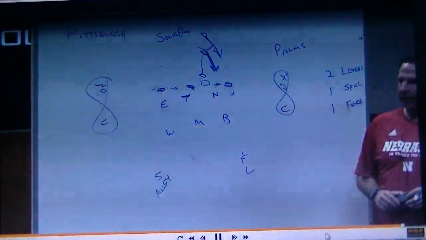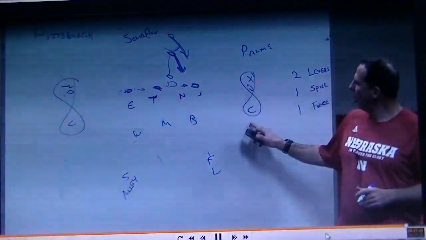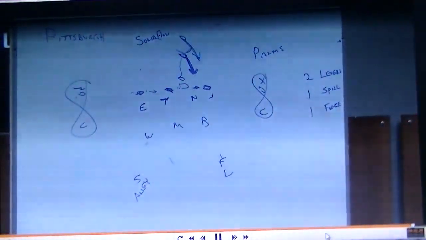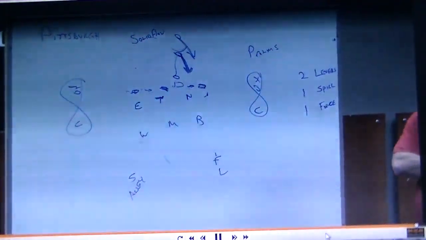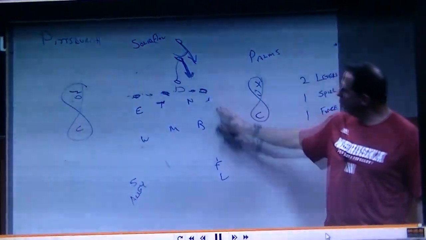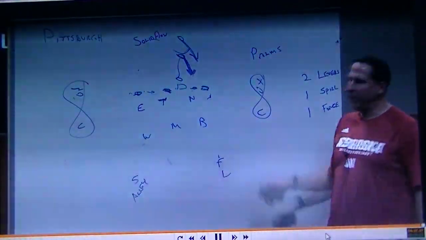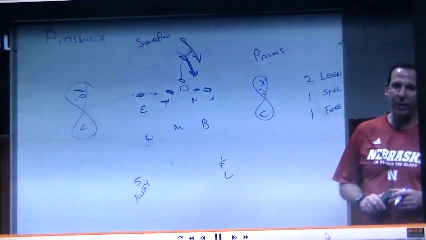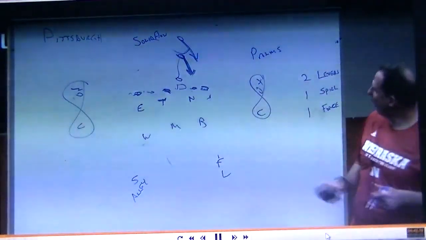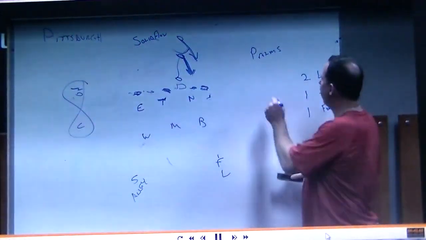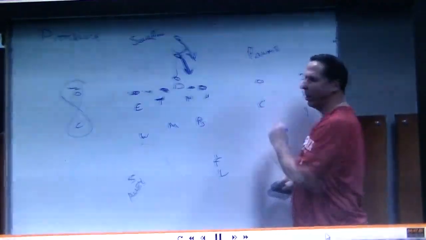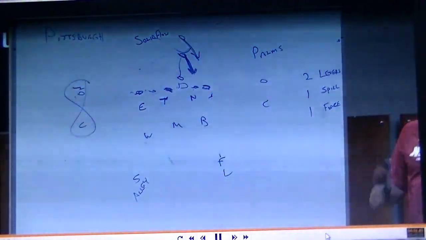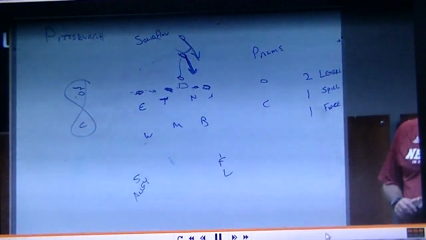When we do that, do you know where your help is going to come from if I am a corner? If there's no one else over on this side, and I'm a flex side corner, am I going to have inside help from my safety? So how am I going to adjust my alignment a hair?